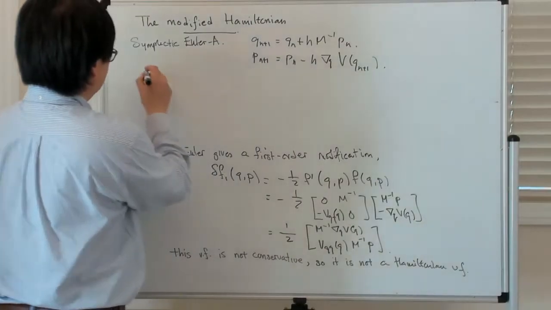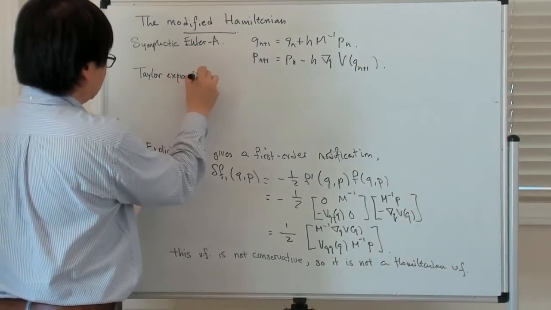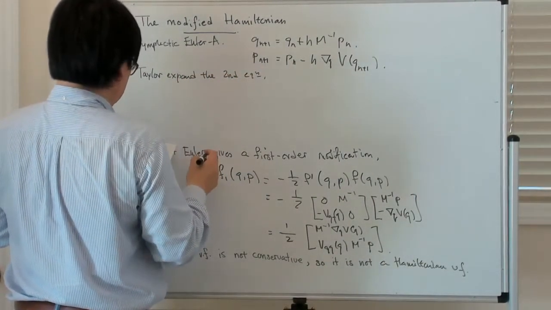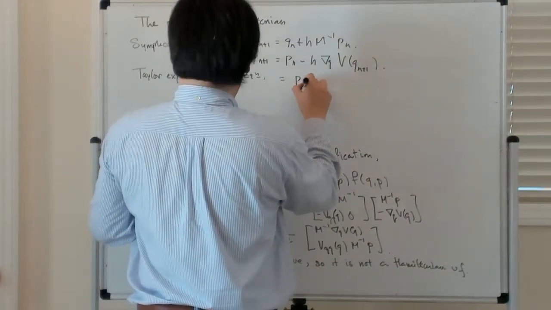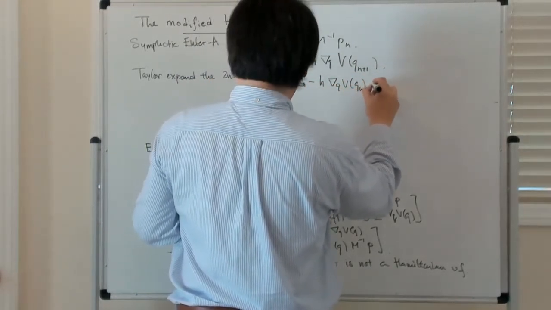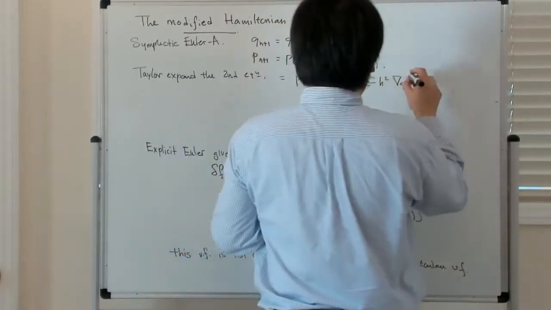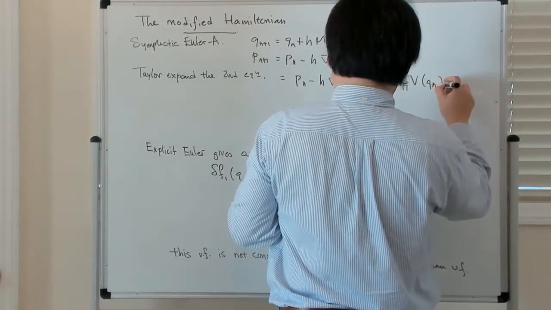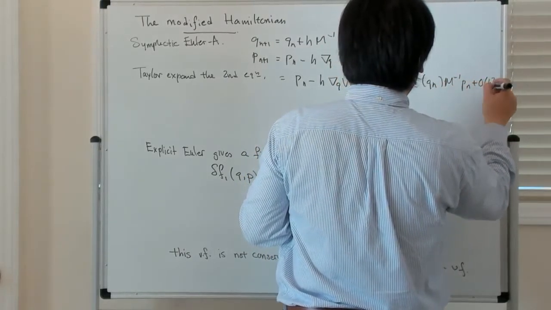And then if you Taylor expand the second equation, you get that this looks like p_n minus h gradient of the potential at q_n minus h squared, the Hessian of V times M inverse p_n, plus something which is big O of h cubed.